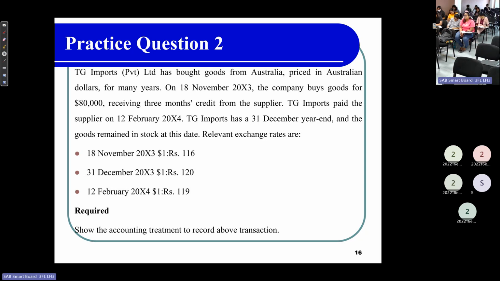Then introduction to the hospital industry and Lanka Hospital Corporation PLC. Then disclosures of financial instruments, disclosures of property plant equipment, disclosures of revenue contract with customers, and conclusion.